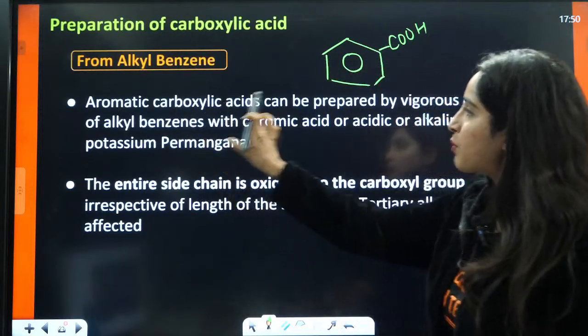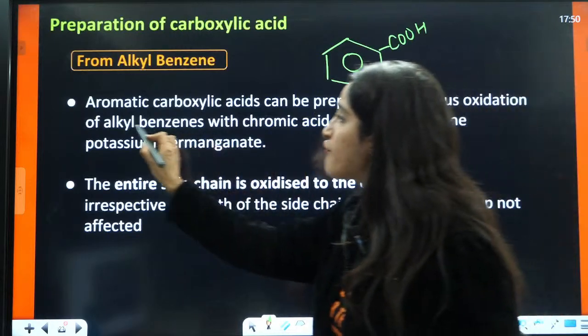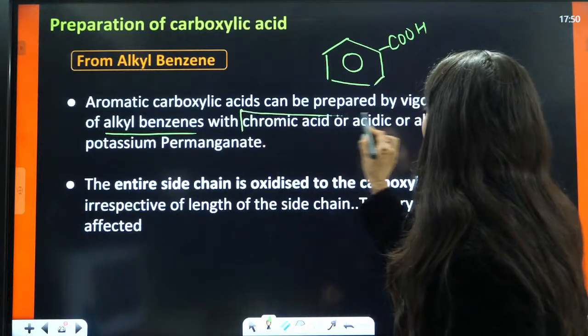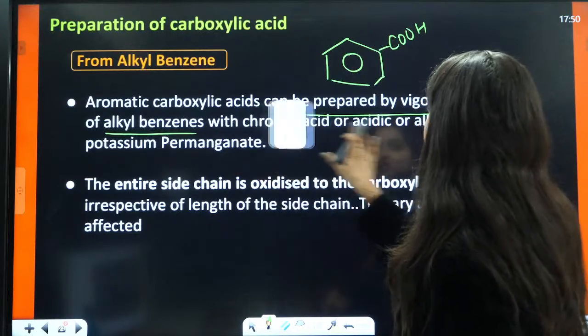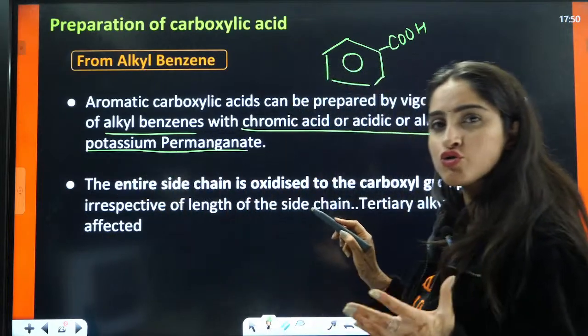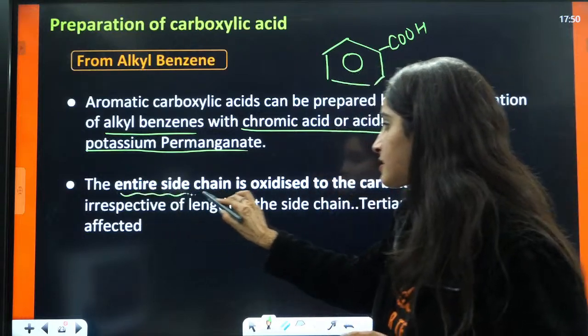So aromatic carboxylic acid can be prepared by vigorous oxidation of alkylbenzene with chromic acid or acidic alkaline potassium permanganate, right? That is a very vigorous reaction, very strong oxidation. The entire side chain is oxidized, right?